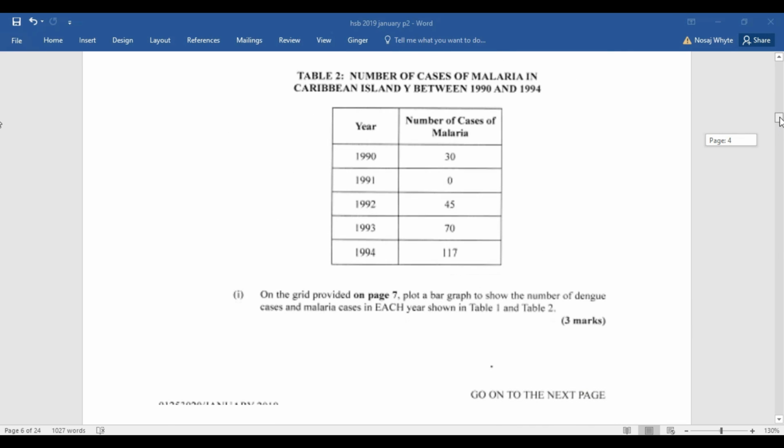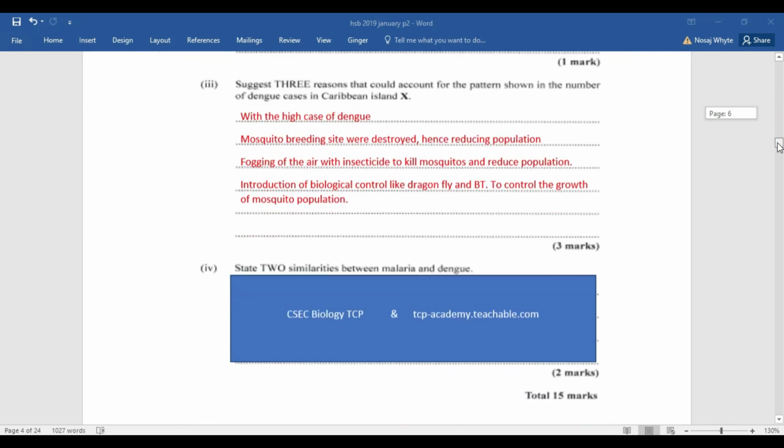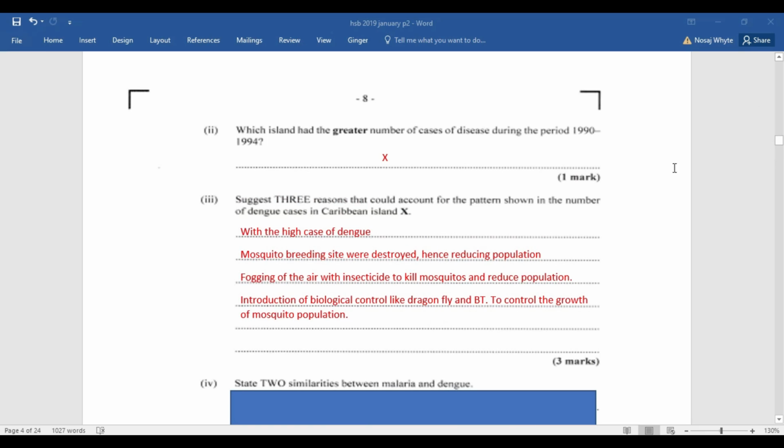Remember that with dengue, what we found happening here is that the number kept reducing as we move from 90 to 94. So we could safely say, for the explanation here, that the mosquito breeding sites were destroyed, hence reducing the population. They also employed fogging of the air with insecticide to kill mosquitoes, and that also reduced the population.